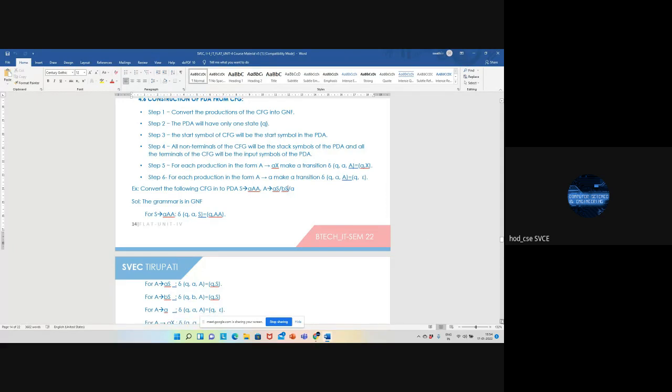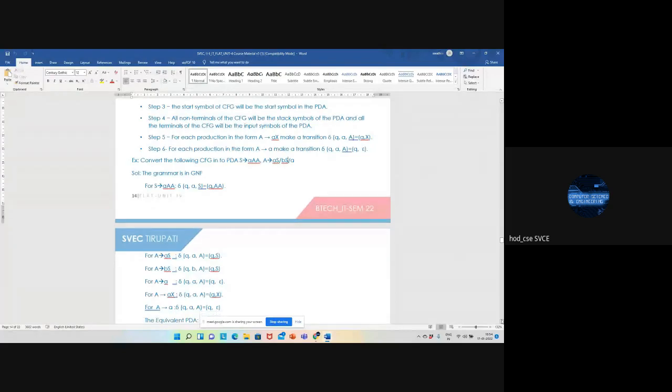After completing the conversion of A tends to aX productions, we may have one more production form, that is A tends to a, where the right hand side is a single terminal. For example, here we have capital A tends to small a. If the production is in that format, then we write delta of (q, a, A) equal to (q, epsilon).